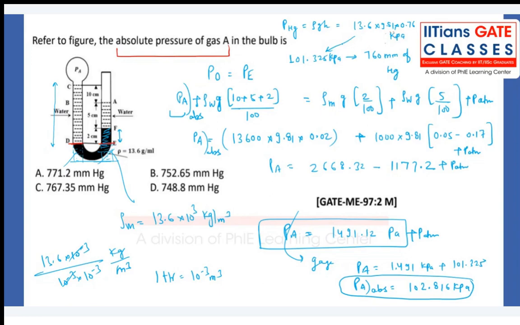Getting my point? My dear friend, you know that 101.325 kilopascal is equal to 760 mm of Hg. From our childhood days, we keep on doing this. Then 102.816 kilopascal will be how much mm of Hg? You tell me. That's a very simple, straightforward calculation, whether you're getting option E or not.